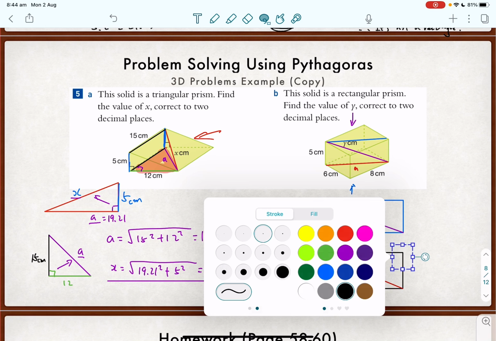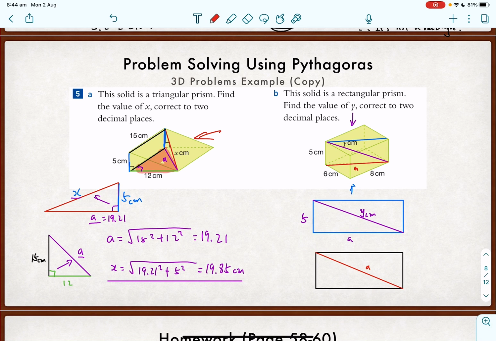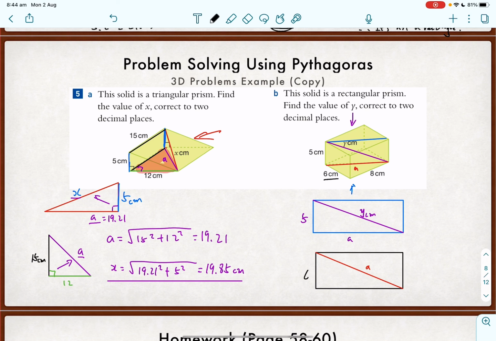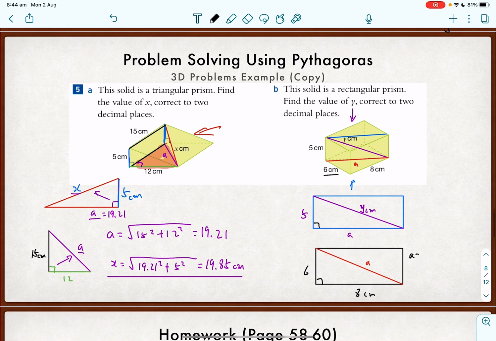Let me make it black. And this should be A. This should be 6, and then that should be 8. This is a triangle. Now we find A first. So A is the square root of 6 square plus 8 square. I know that is 10. So A is 10 centimeters. You can work out y, it's a right angle triangle here.